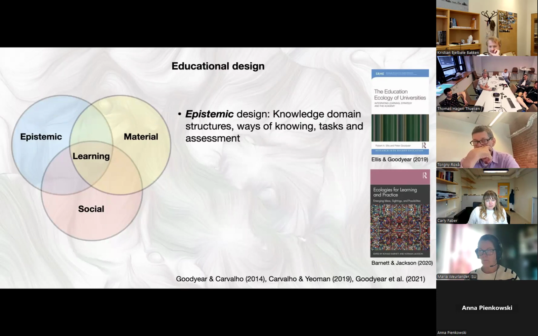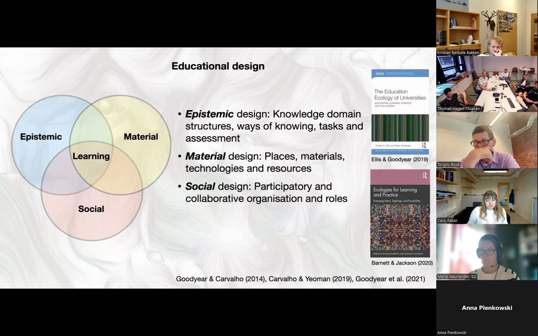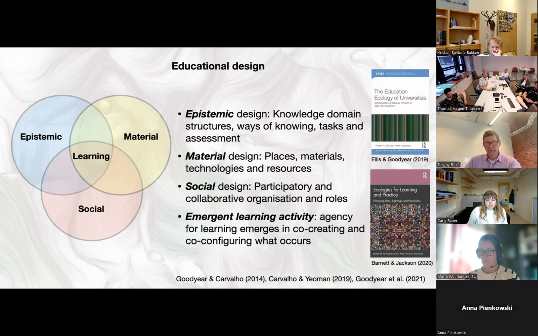So we can design some of the epistemic elements. We can design some of the materials and the technologies. We can design some of the social configurations. What we cannot design is the emergent learning. So agency for learning emerges in this interaction that involves co-creating and co-configuring what occurs during learn time.